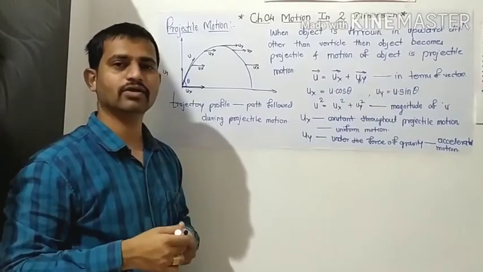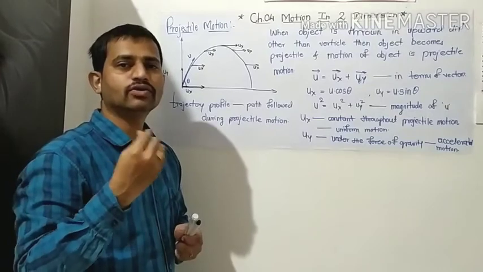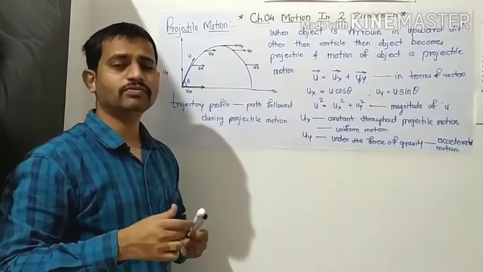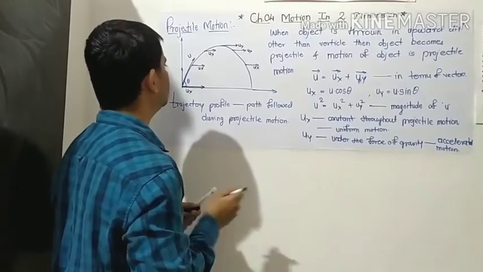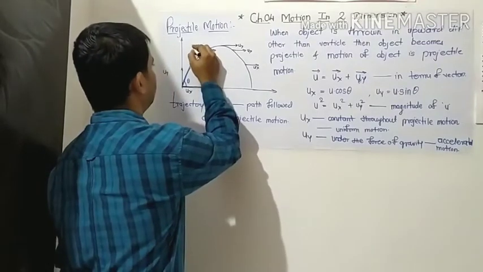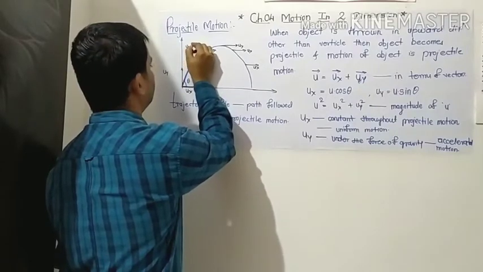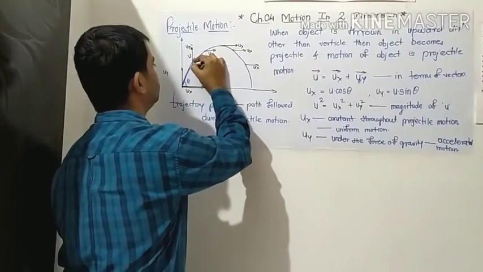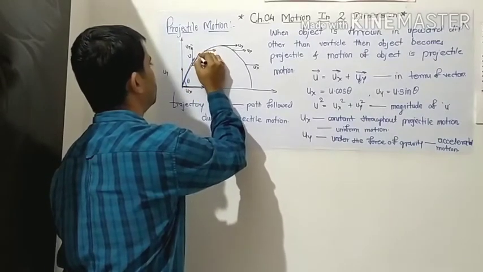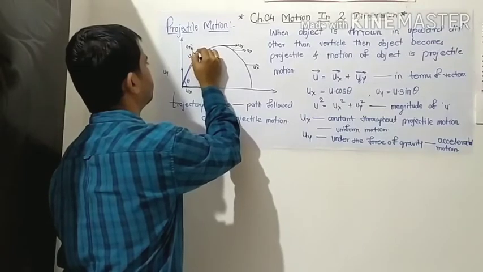But in the case of the vertical component, initially if we throw this ball with a velocity of 20 meters per second, and we consider uy here, the combination of the components will give us this path, and it becomes v equal to, suppose, 20 meters per second.